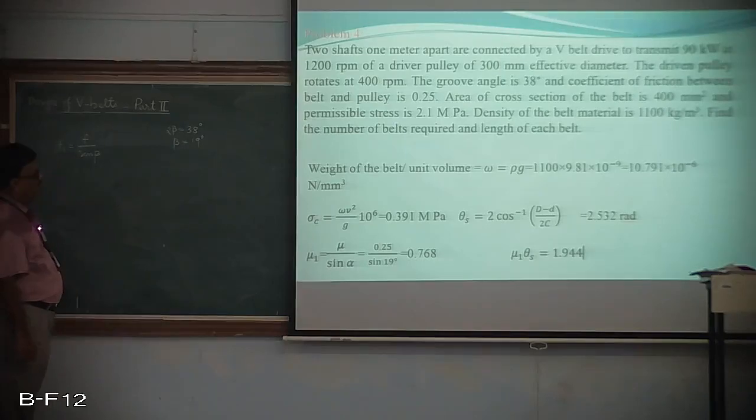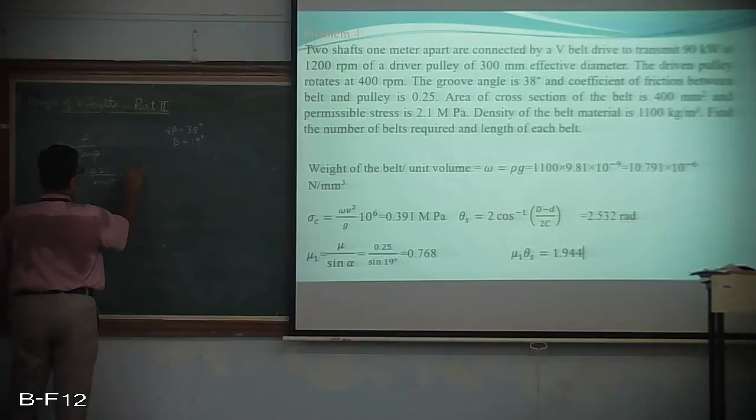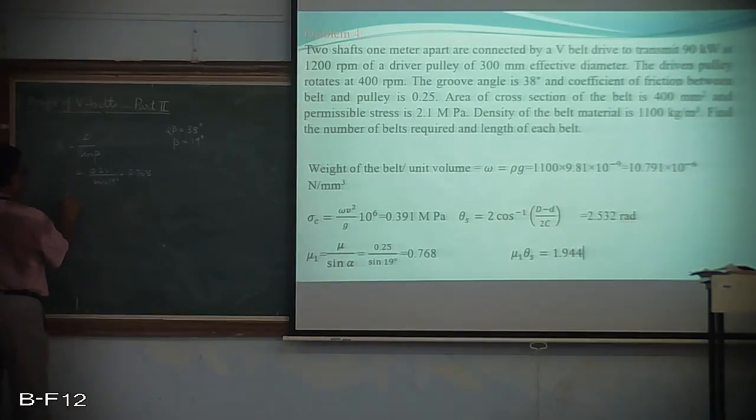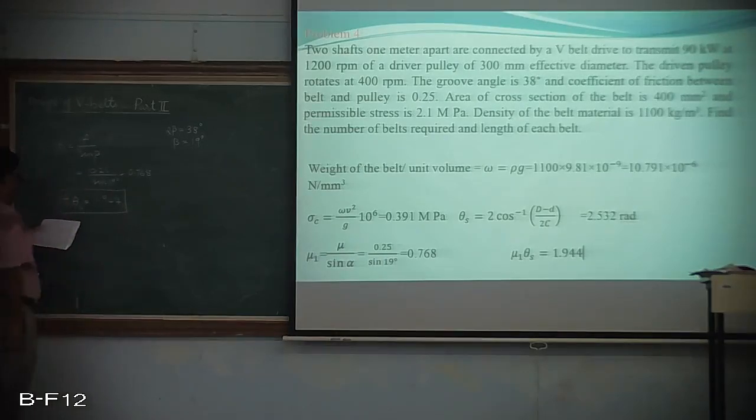So this is 0.25 upon sine of 90 degree, which gives me a value of 0.768. Now you calculate f theta. This product comes out to be 1.944, because this is needed for calculating the tension ratio later on.